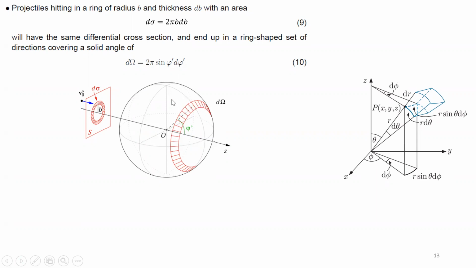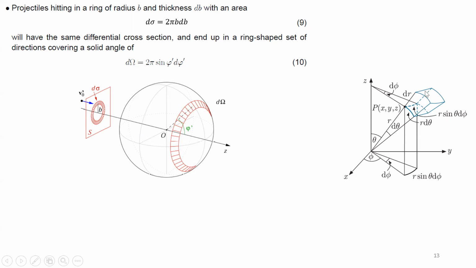So before looking at this picture, let's go here. If you still remember, this is the differential volume element for a spherical coordinate, and you may still remember how to write down this dV, right?